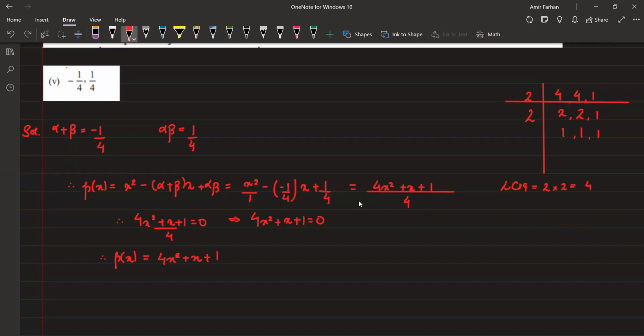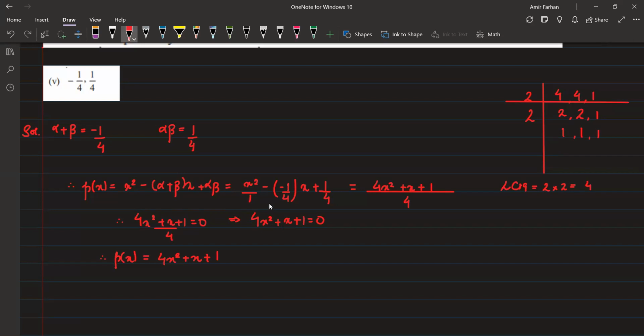So next thing is that this LCM should be divided by every denominator. Whatever quotient you receive will get multiplied with the numerator. Is this clear to you, yes or no? Now here 1 is the denominator and 4 is the LCM. Divide this LCM by 1. You will get 4 as quotient.